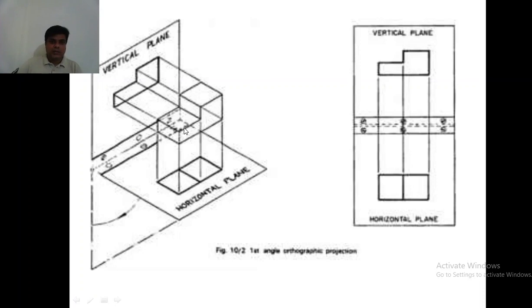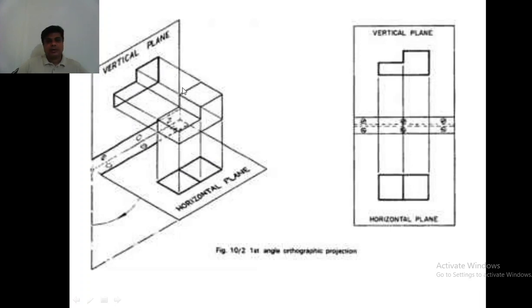Here we have some component, some step-like box. This is the 3-dimensional component, and this component is kept in front of the vertical plane and above the horizontal plane. So this concept is the first quadrant, or what is called first angle projection.